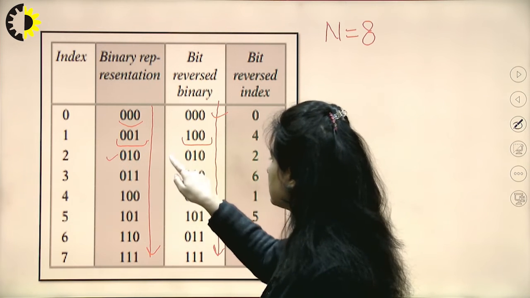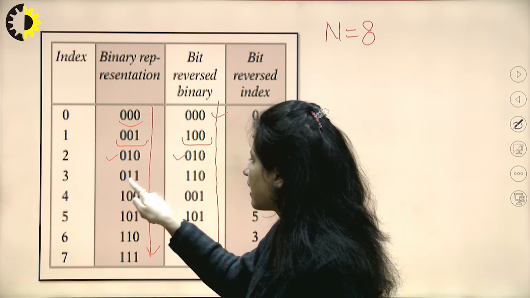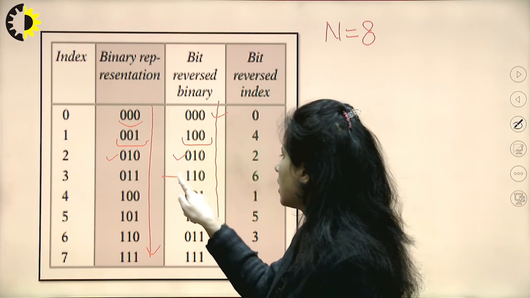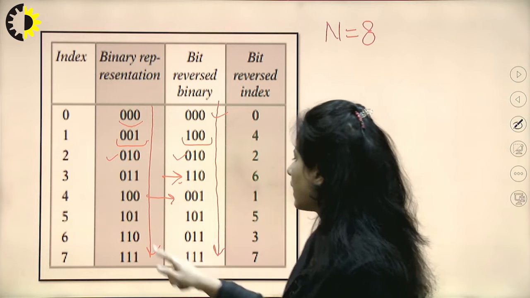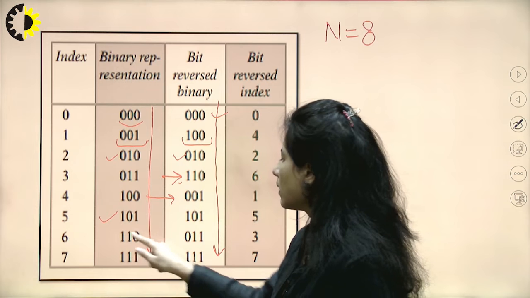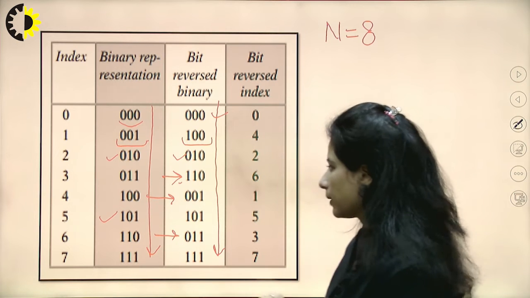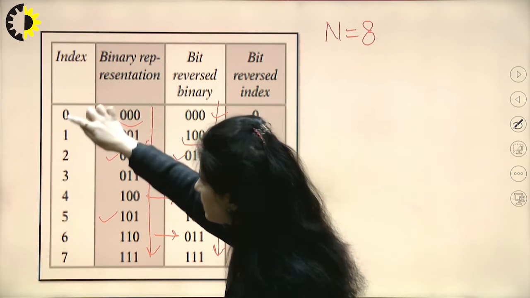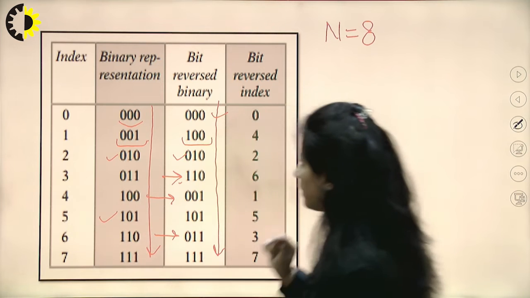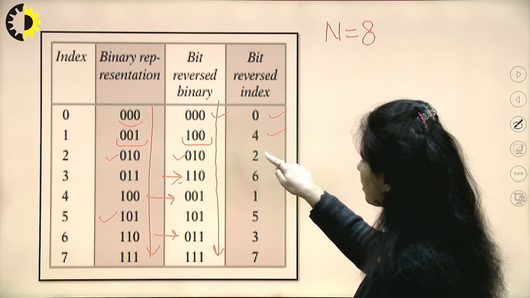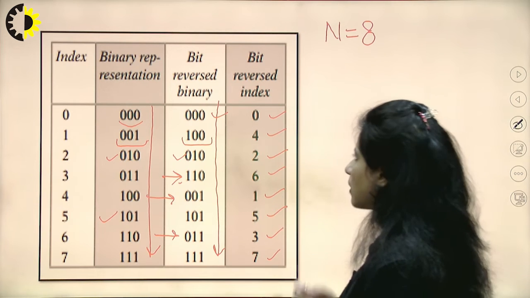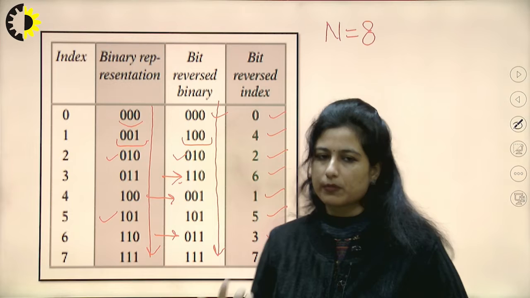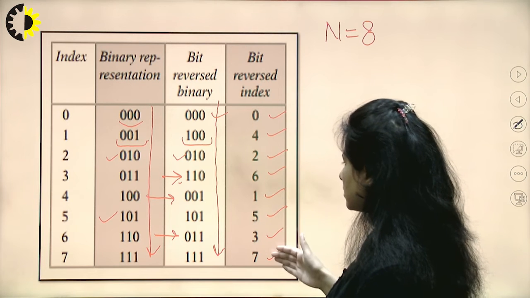This one remains the same. For 0, 1, 1, if I swap 0 and 1, this becomes 1, 1, 0. 1, 0, 0 becomes 0, 0, 1. This remains the same. 1, 1, 0 becomes 0, 1, 1. So what do I see? If this is 0, 1, 2, 3, 4, 5, 6, 7, this becomes 0, 4, 2, 6, 1, 5, 3, 7. So after performing the bit reversal operation, the pattern gets changed in this way.